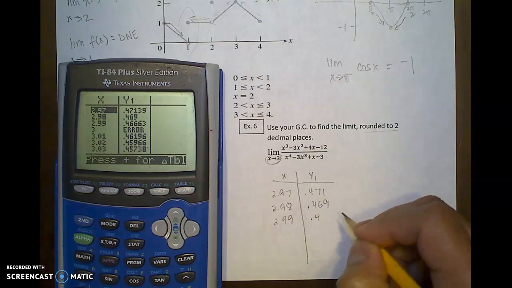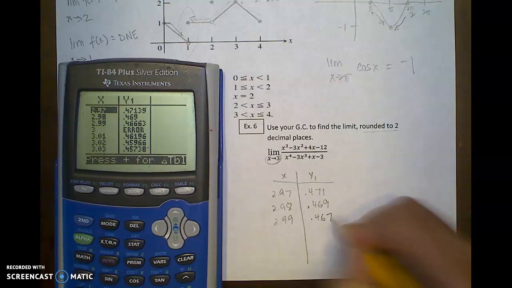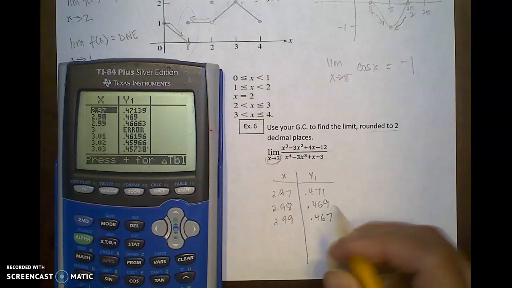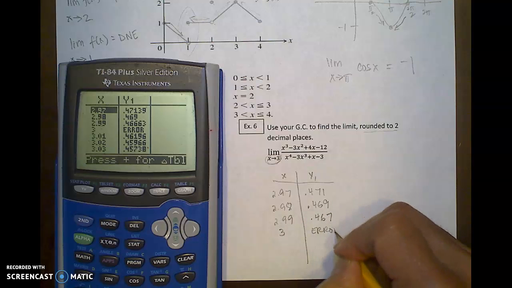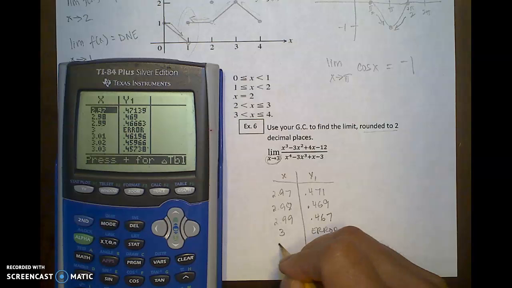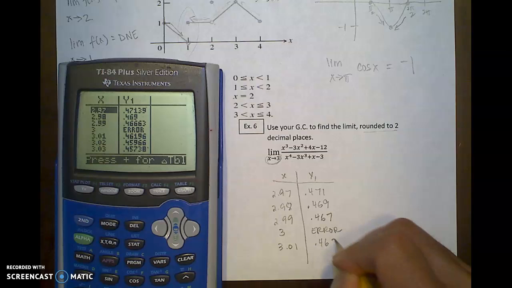When we enter in 2.99, I get 0.467. Enter in 3, that's where we get our error. 3.01, 0.462. 3.02, 0.460.